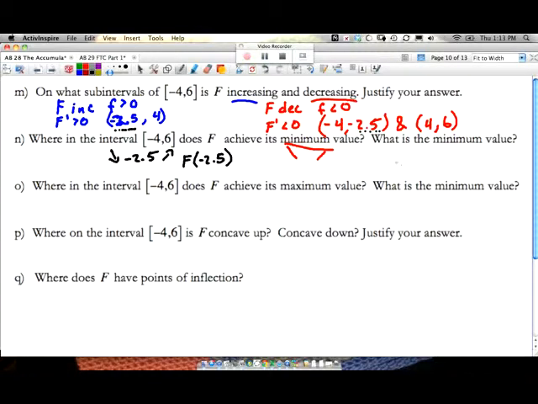I do have to figure that out. But then I also have to compare the endpoints, which would be capital F of negative 4 and capital F of 6 as well. I know these two, so let's go ahead and calculate or recall what those were. Capital F of negative 4 was negative 2, and capital F of 6 was, no wait, the other way around, 2 pi minus 2.